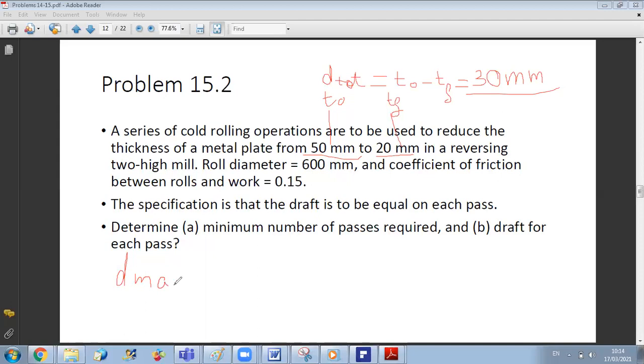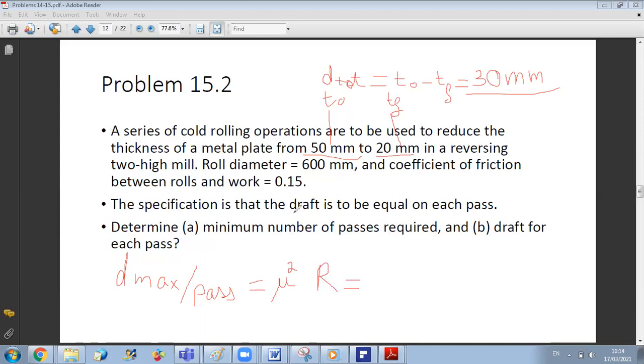I know that the maximum draft per pass can be calculated as mu squared times R, where mu represents the friction coefficient, okay, and R is the radius of my roll.